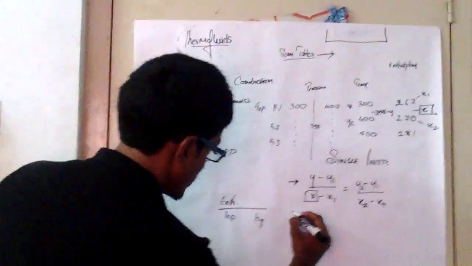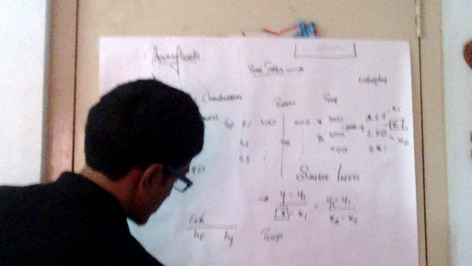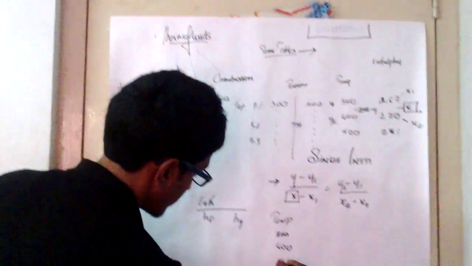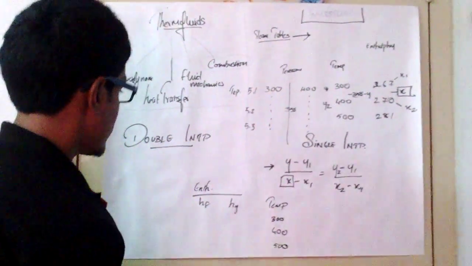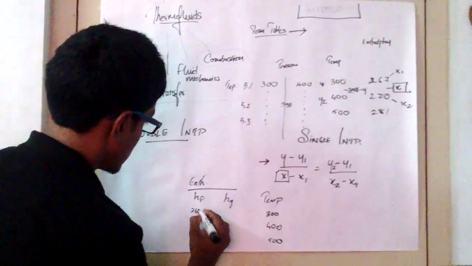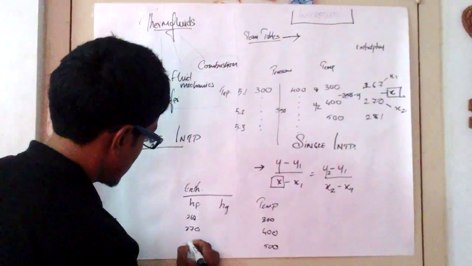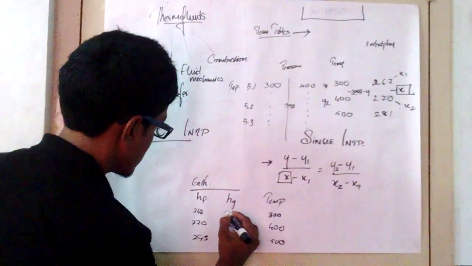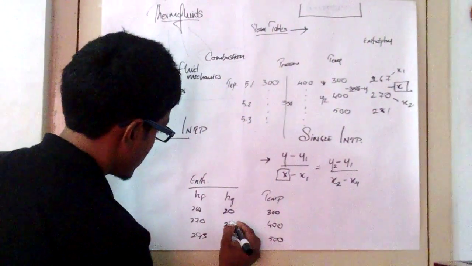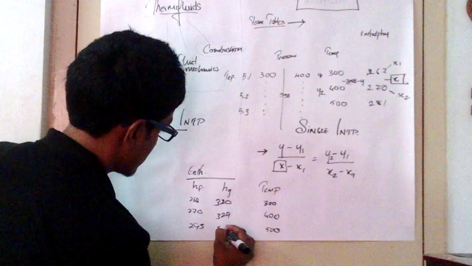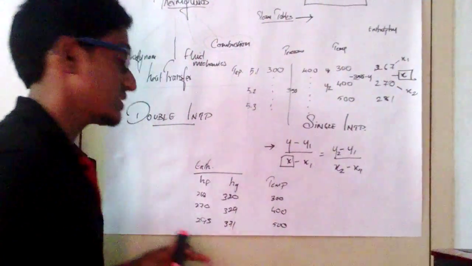Again, you have the temperature values, say 300, 400, and 500. You have the values of Hf, say 260, 270, 293, and again 320, 329, and 371, something like that.